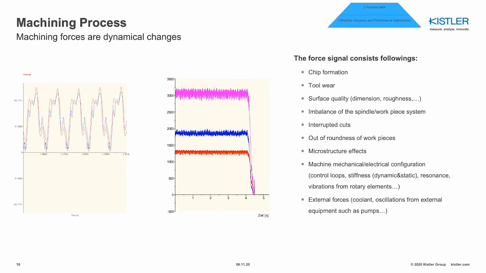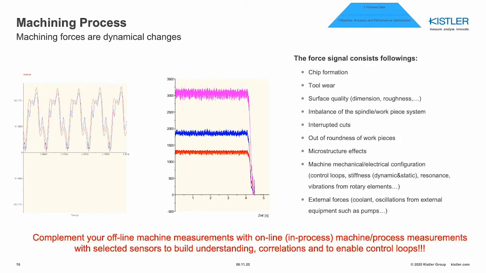And also, of course, there can be information hidden here coming from external forces, pumps, pipes, oscillations, and so on. So again, the idea is to complement your offline measurements with online machine and process measurements with the right selected insert, so that you can capture the dynamics in order to build understanding, build correlations, and to enable control loops.